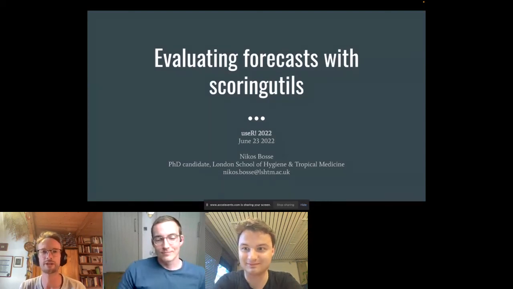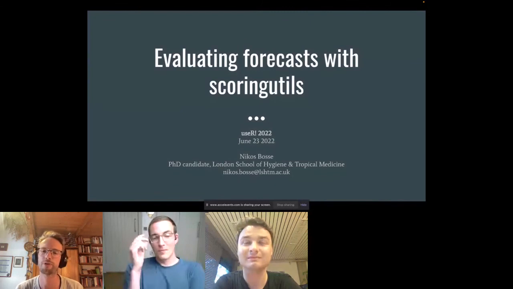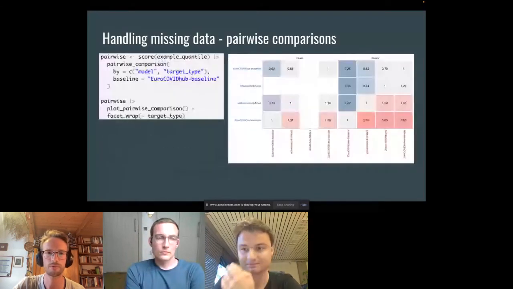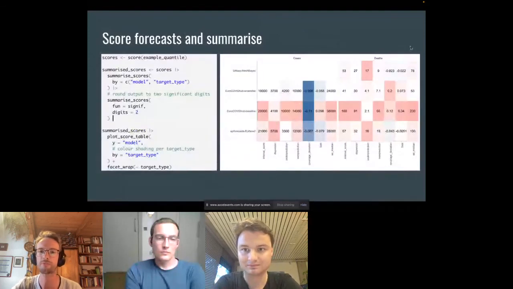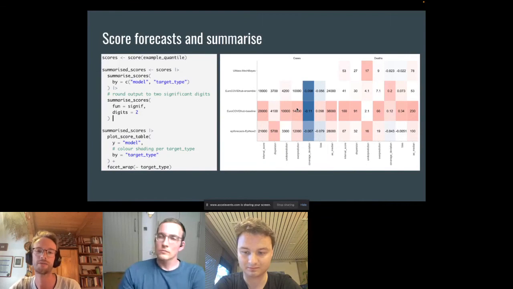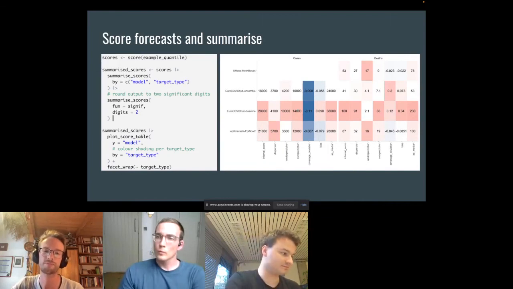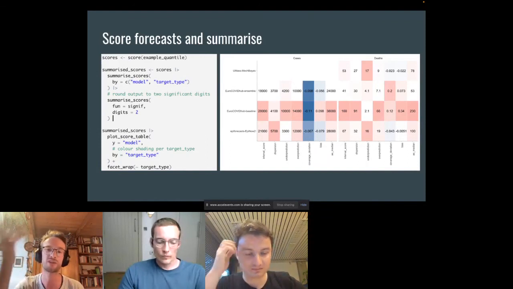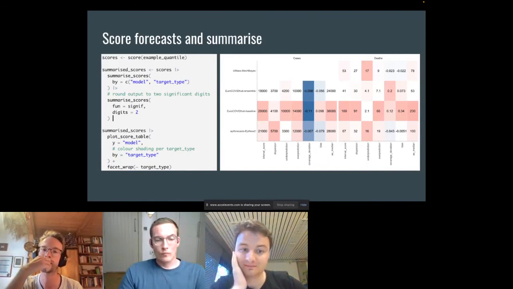I think there are a lot of outstanding challenges. For example, a lot of the metrics that we use, and I showed some of them earlier. Here you can see that scores differ a lot across different forecasting targets. So cases and deaths, you see that the numbers are a lot higher for deaths. There's a problem in the fact that your forecast timelines aren't really stationary, so things change over time.